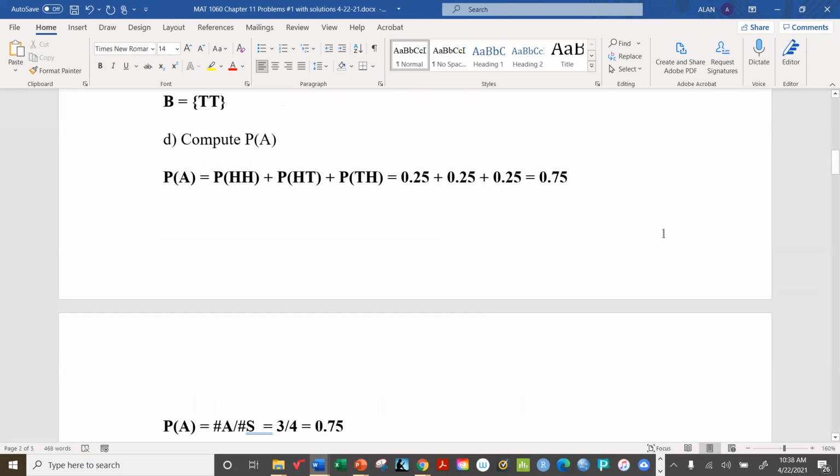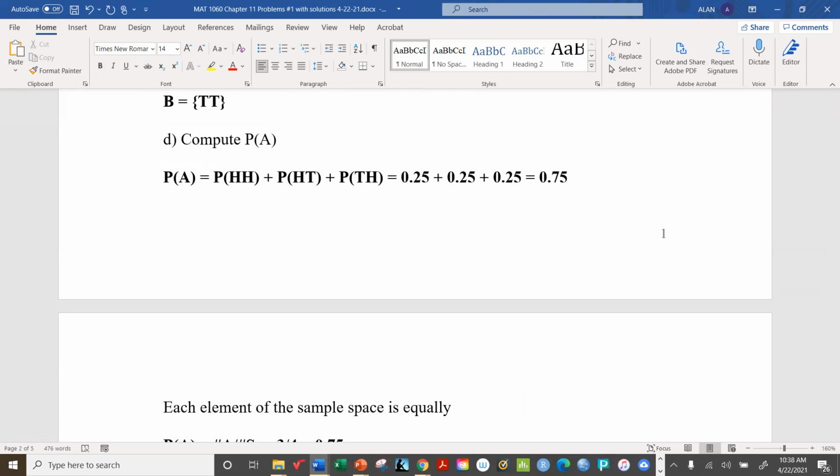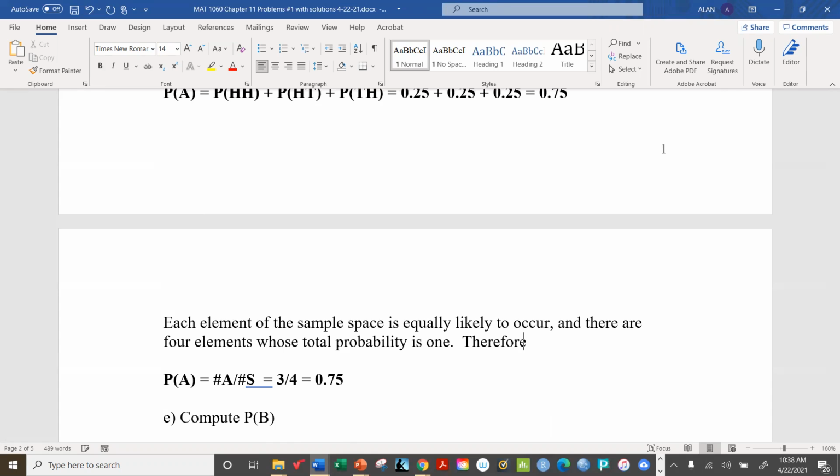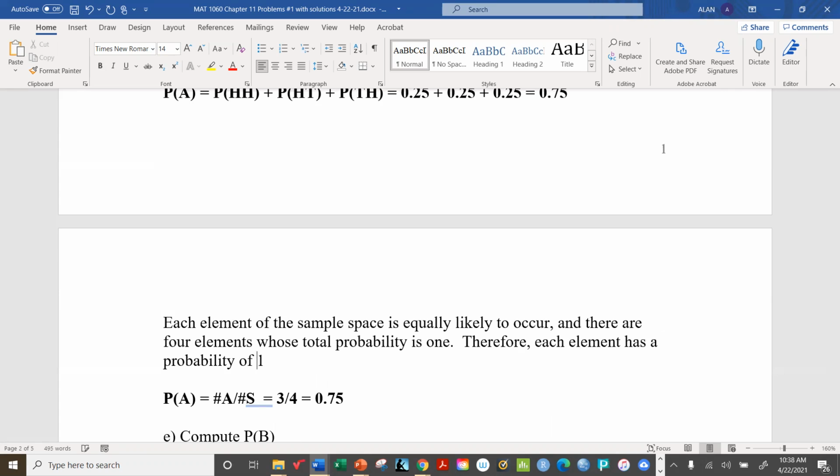Just as a reminder, each element of the sample space is equally likely to occur and there are four elements whose total probability is 1. Therefore, each element has a probability of 1/4 or 0.25.